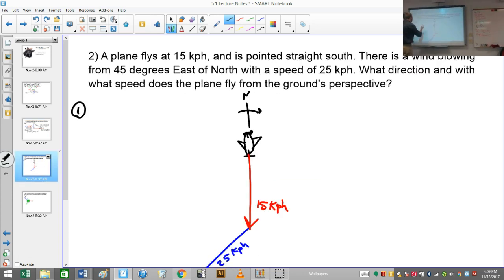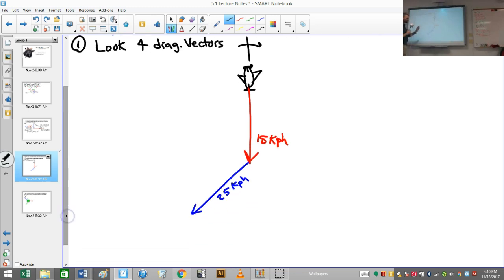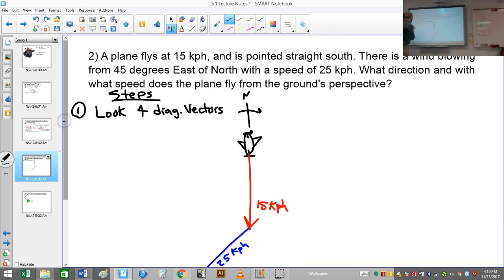So the first thing that you're going to do is look for diagonal vectors. I have a diagonal vector in this case. It's the blue one, 25 kilometers per hour. You break this into x and y components.